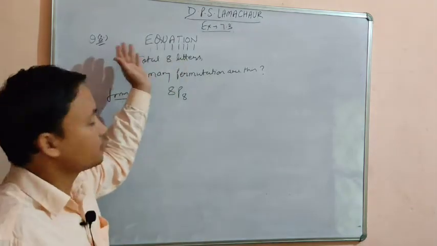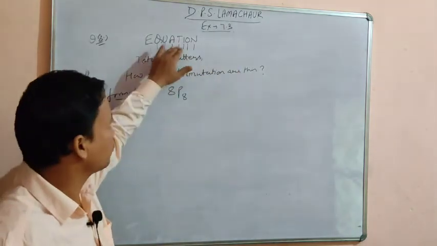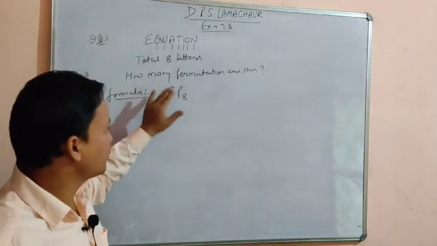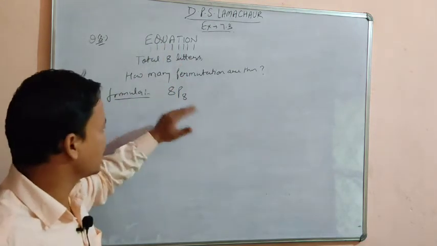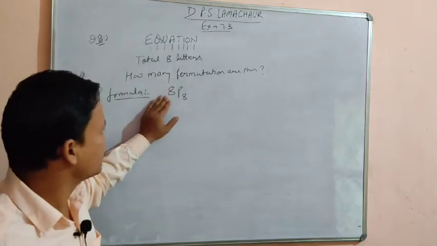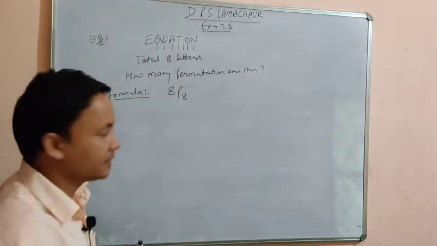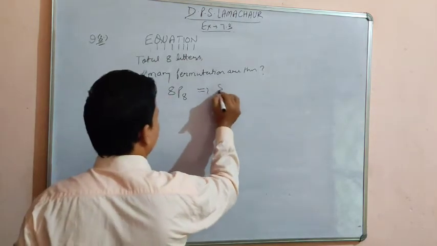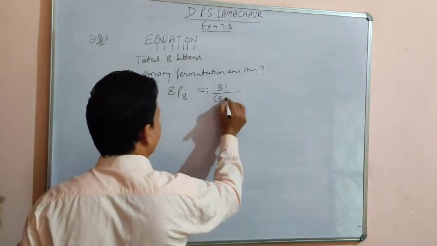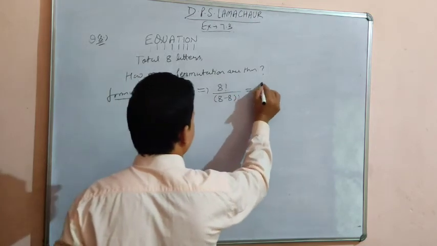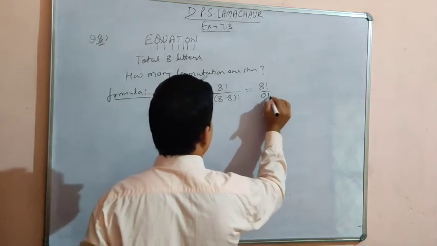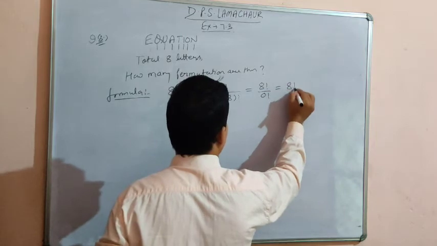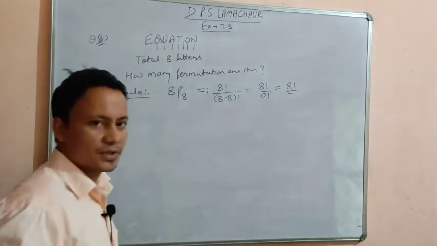So here we are using all at a time. We have 8 letters, and we are using 8 out of 8. So the possible number of permutations is 8P8. By the formula, 8 factorial upon (8 minus 8) factorial, that is 8 factorial upon 0 factorial, that is 8 factorial, the possible number of permutations.